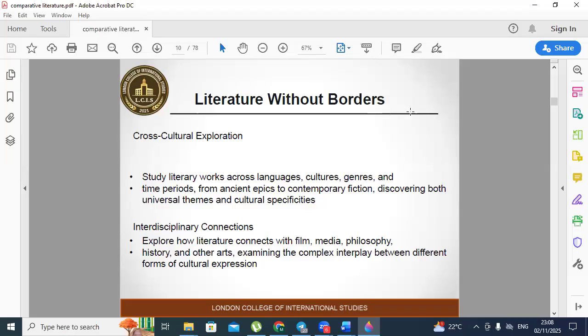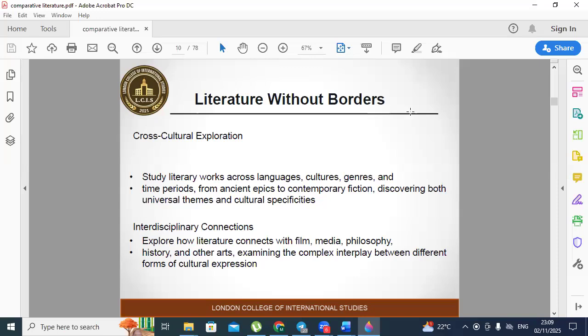So this slide breaks down the literature without borders concept into two concrete, practical areas of study. The first is cross-cultural exploration, which involves the direct study of works across different languages, cultures, genres, and time periods.